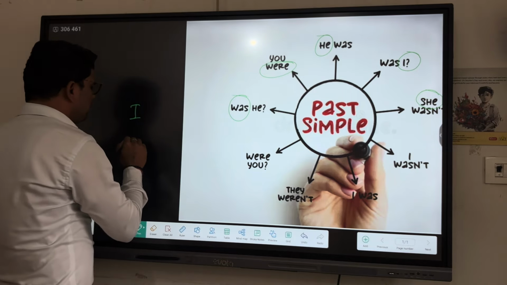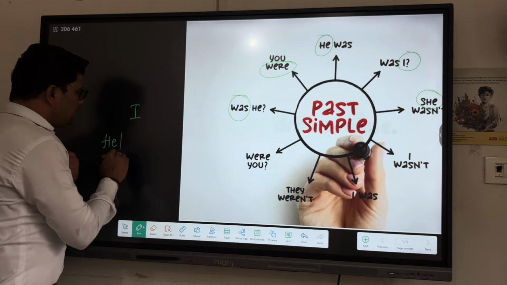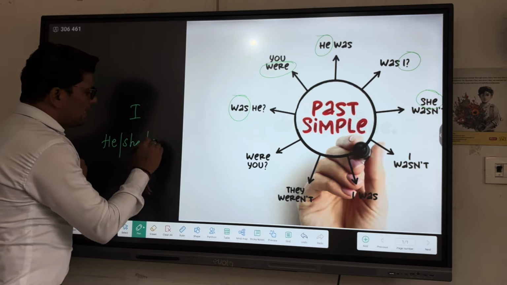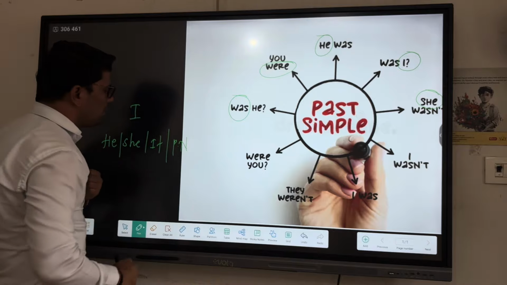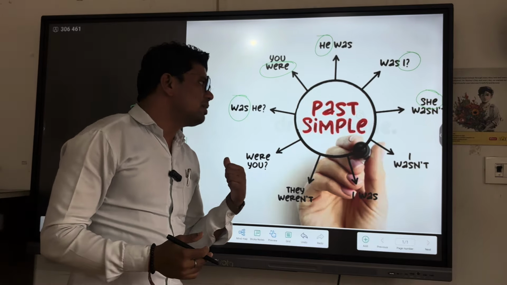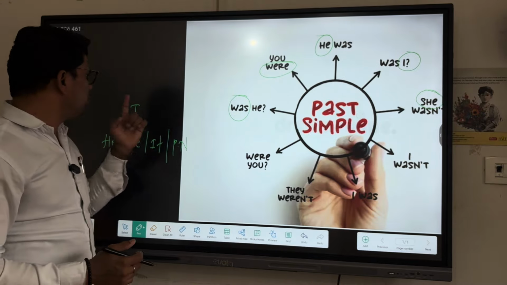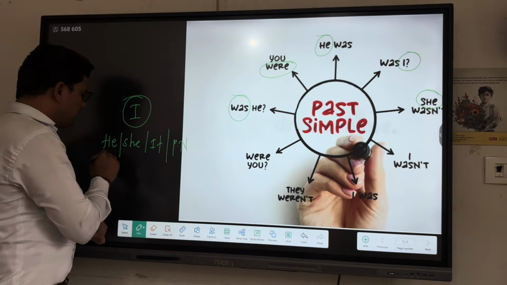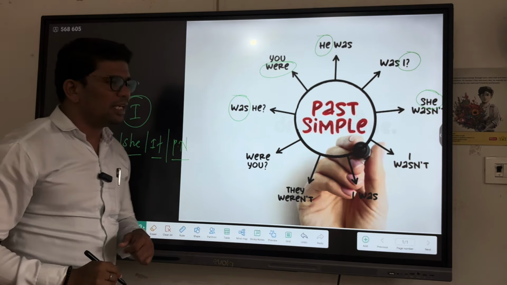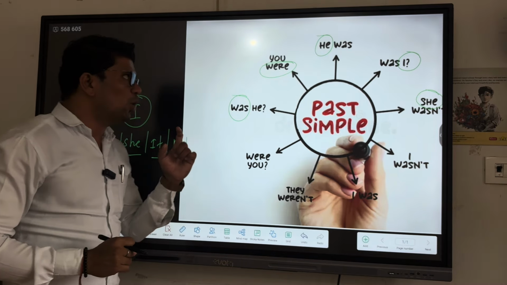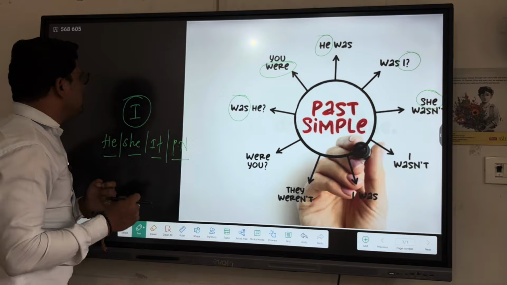And another important one is PN. PN means a person name. So was, this past form of to be, is used with I, then the third person singular subjects he, she, it, and a person name. Friends, don't forget, if you want to make a sentence with the first person singular subject I, then you can easily make it.